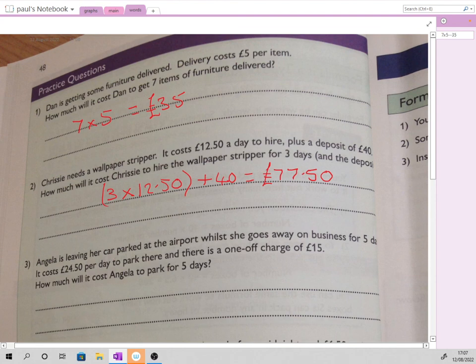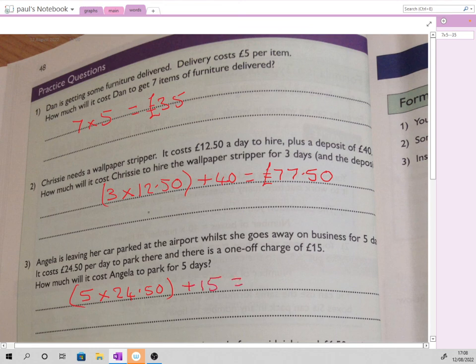Angela is leaving her car parked at the airport while she goes away on business for 5 days. It costs £24.50 a day, and there is a one-off charge of £15. How much will it cost Angela to park for 5 days? So we've got 5 days times £24.50. Keep that in a bracket. And then we've got the one-off charge of £15.